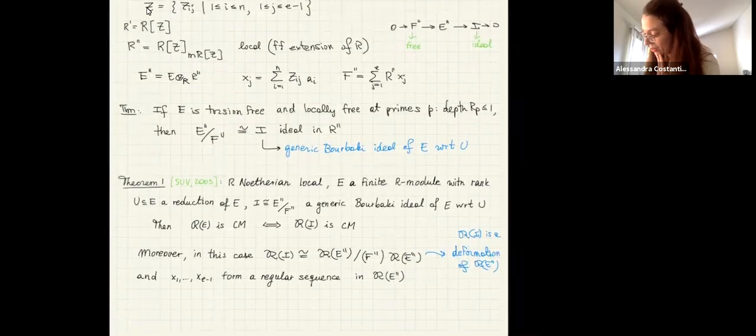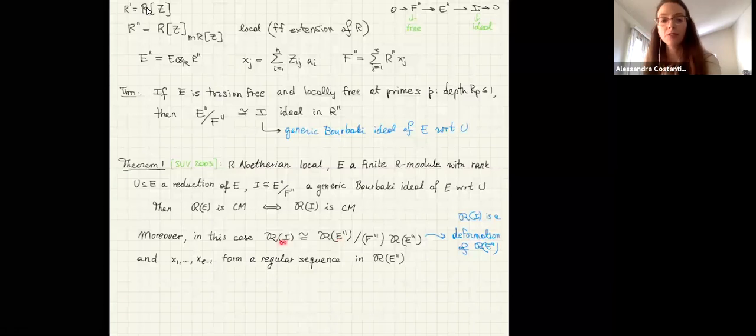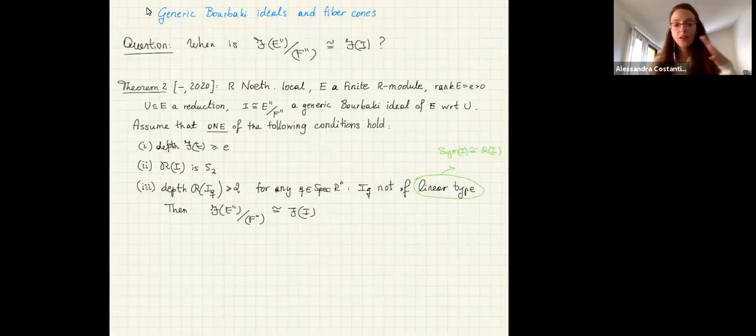Basically, when you have a deformation property like this, sometimes you are able to study the defining ideal of the Rees algebra of a module, starting off the defining ideal of the Rees algebra of its generic Bourbaki ideal. And this condition here, I needed to figure it out because in my case, the Rees algebra of the ideal I needed to work with was not Cohen-Macaulay, so I couldn't use their theorem to have this deformation property. So this really came from studying the Rees algebra.